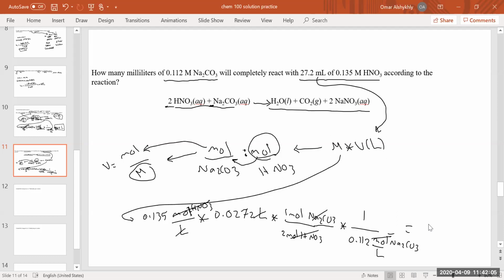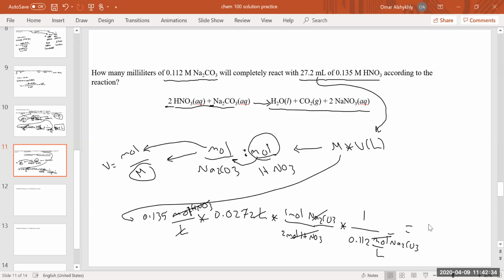Let's do the math here. We have 0.135 times 0.0272.